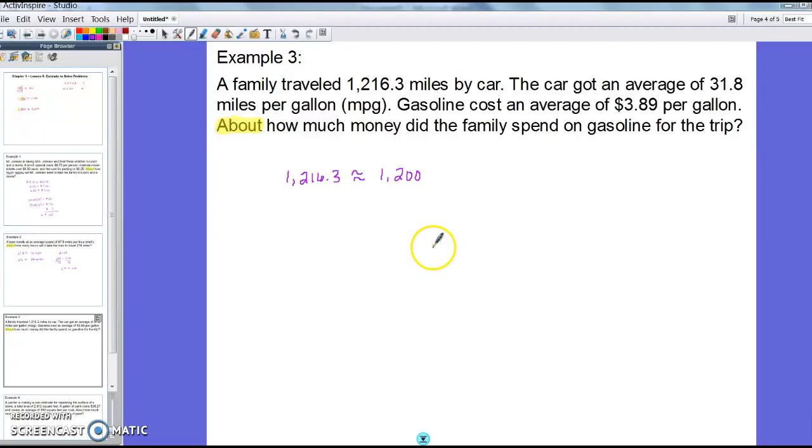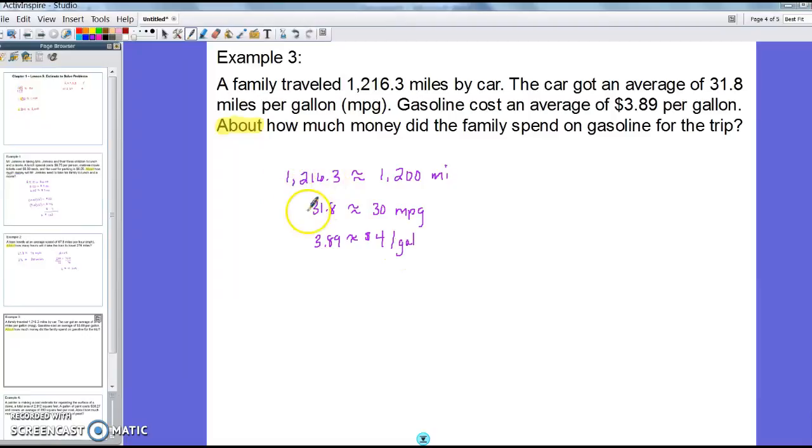The car got an average of 31.8 miles per gallon. That's about 30 mpg, miles per gallon. And the price was $3.89 per gallon, which, remember, when we're dealing with price, we always round up, and that would be about $4 per gallon.